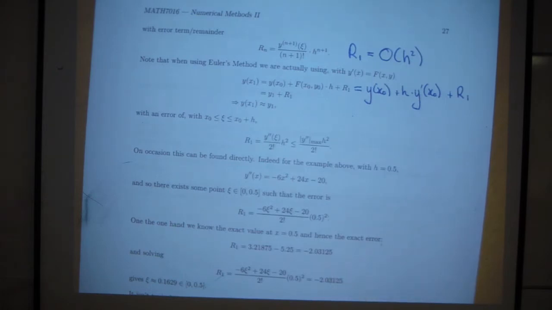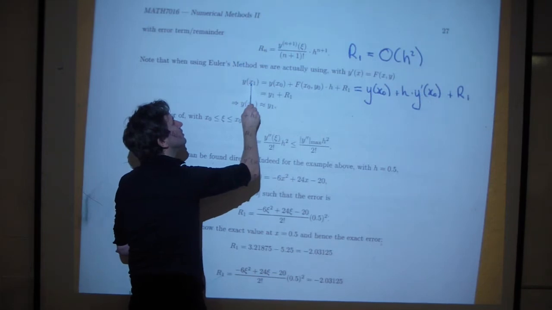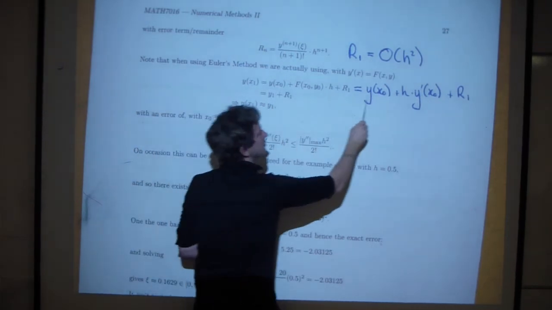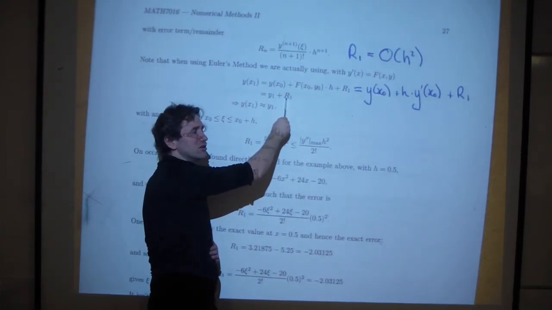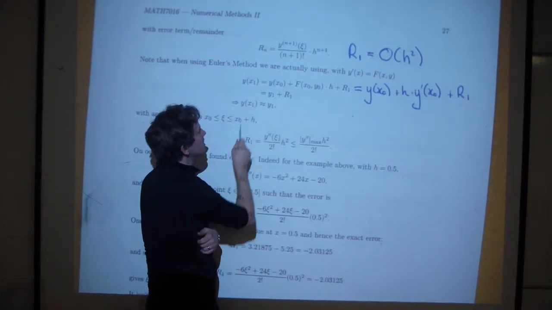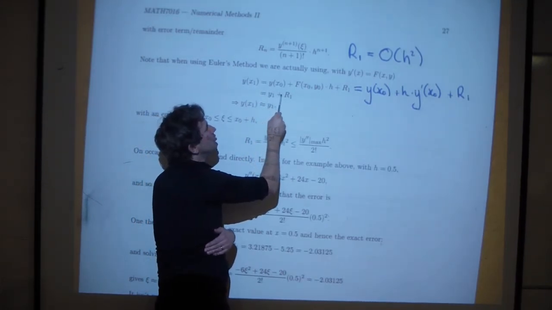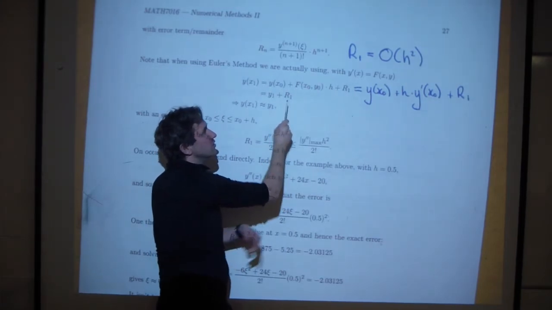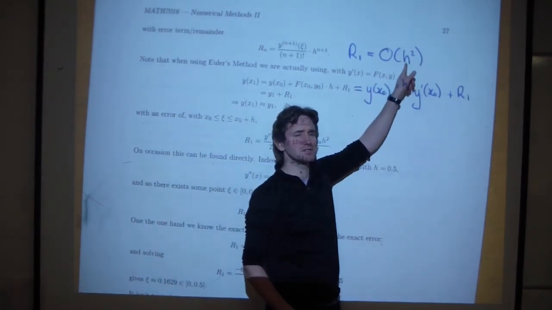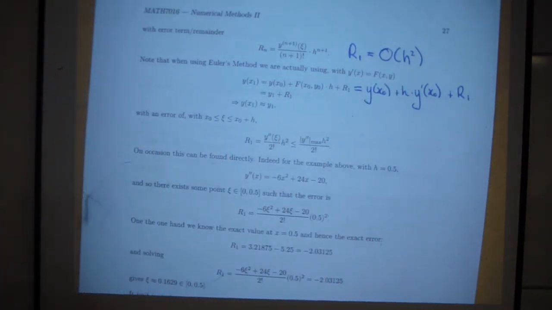So the exact solution is the Euler method plus R1, the error. Sorry, let's get this right: the true thing is the approximation plus the error. So the error is a multiple of the step size squared. This is the crucial thing.